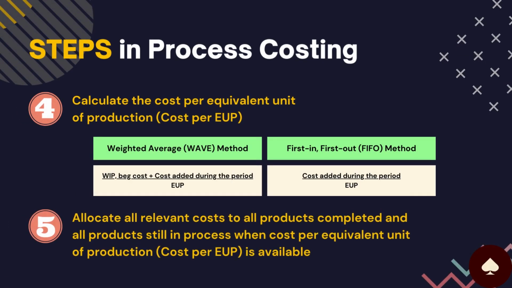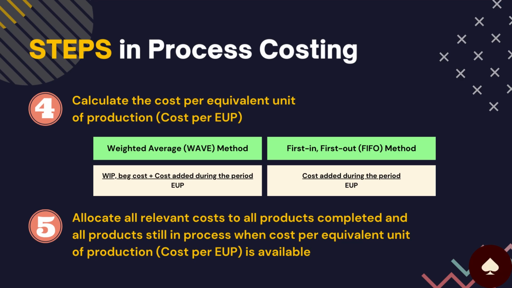The fourth step is to calculate the cost per EUP. Akin to EUP, there are two approaches. Number one is under the wave method, and number two is under the FIFO method. To get the cost per EUP under the wave method, just add the beginning work in process cost and cost added during the period and divide it by the EUP.